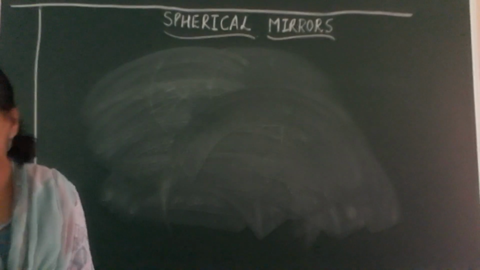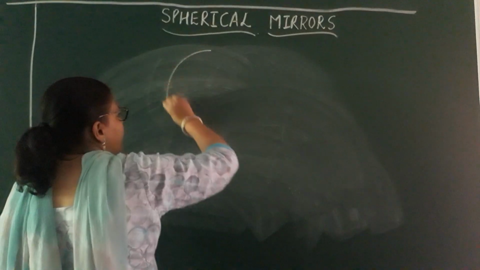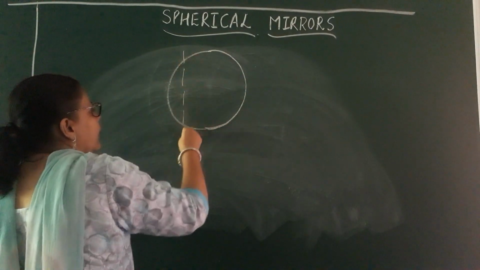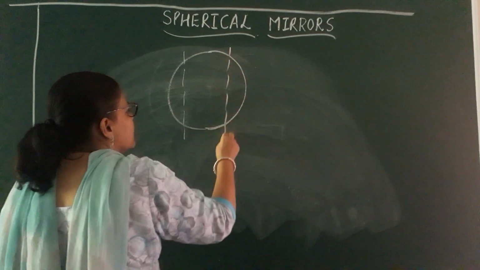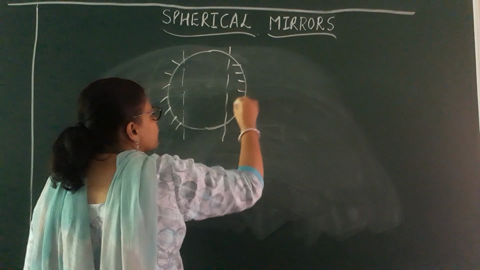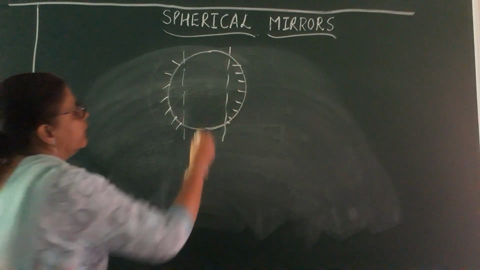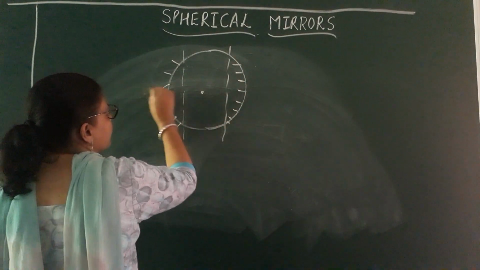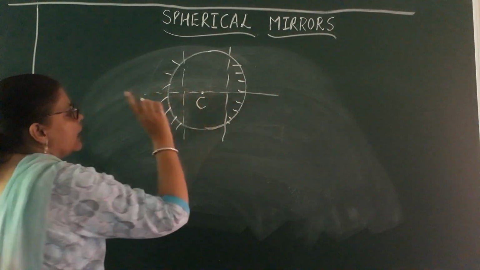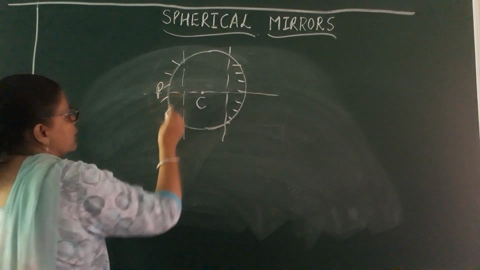In order to understand the different definitions, I will again draw the hollow glass sphere, and I will cut out the two surfaces as I told you. Polish this from outside, polish this from inside, and here I have taken a center point through which a line passes. I will just note down the different things which I have to discuss.